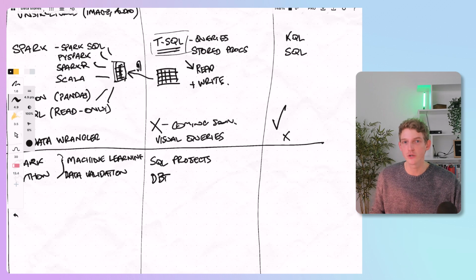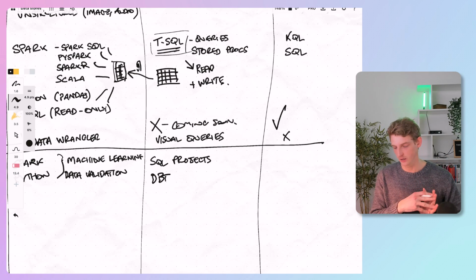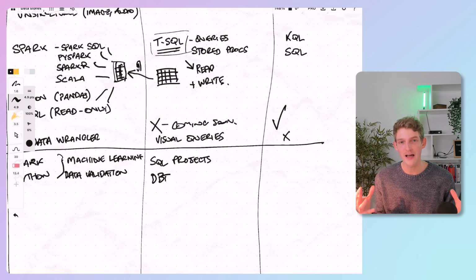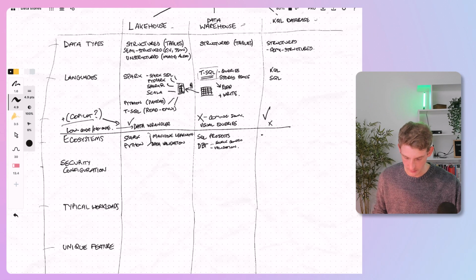So what that means is we can use it as the transform tool, and it's all in SQL, right? So you can connect it to your Fabric data warehouse. You can use it to build aggregations. You can use it to build analytical models, all that stuff. And the good thing is that your code in dbt is source controlled, and there's a lot of functionality for validation. So this is a really powerful ecosystem to tap into if you're going to be using the data warehouse.